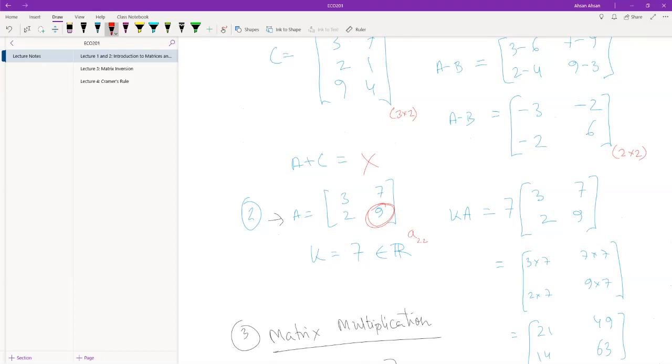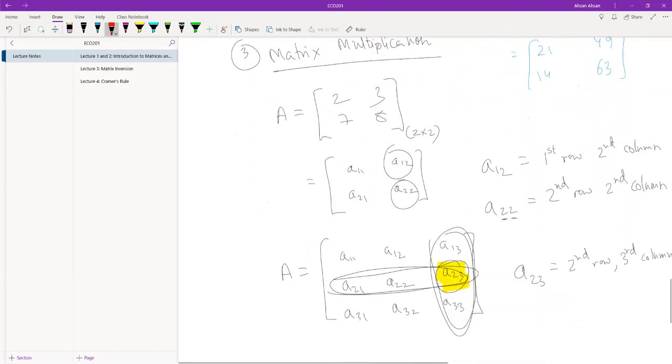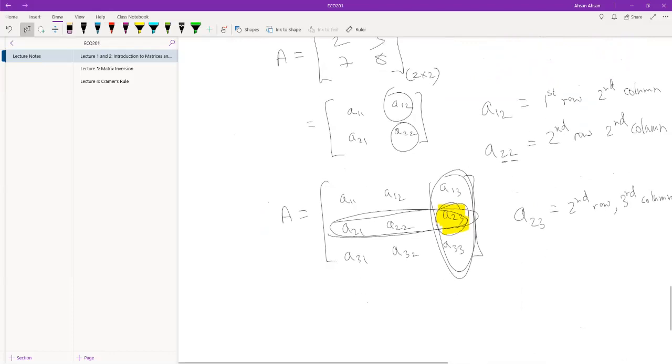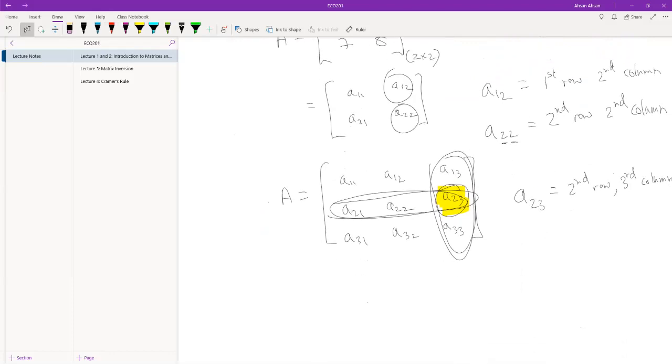So this is A22. This is in the first row, second column. So this is A12. Okay. So we're going to need this as we move into matrix multiplication.